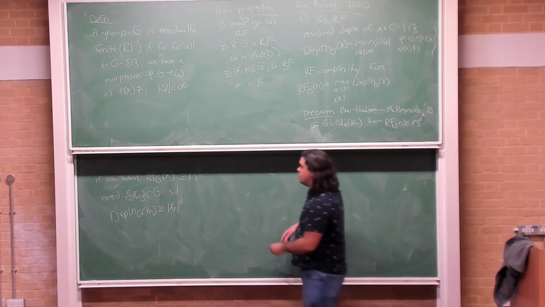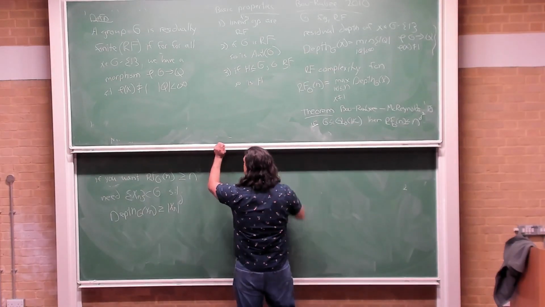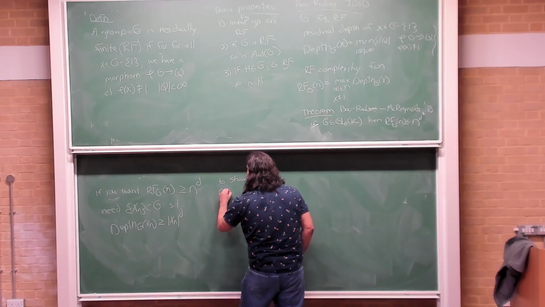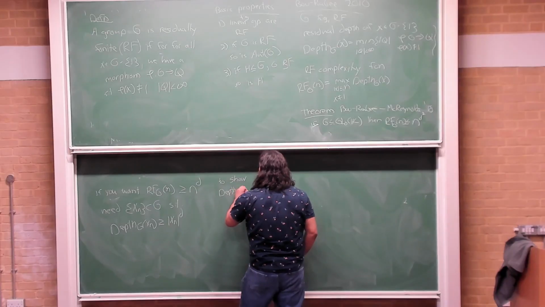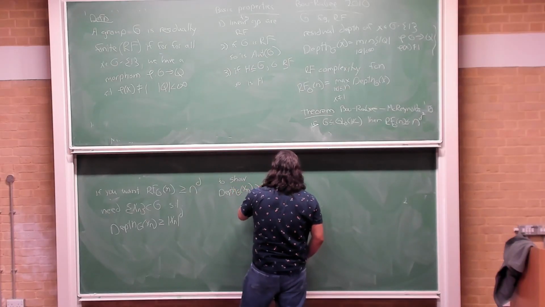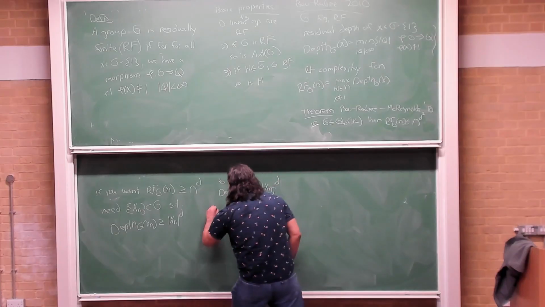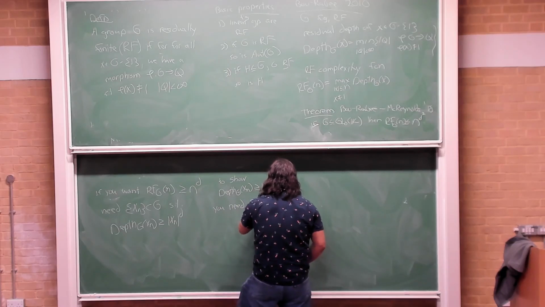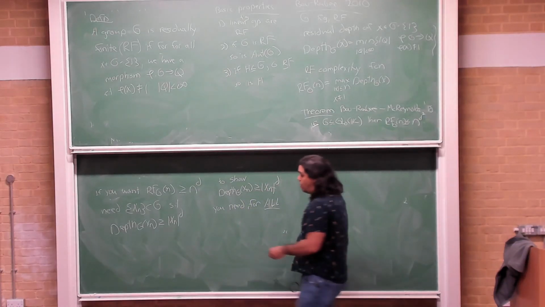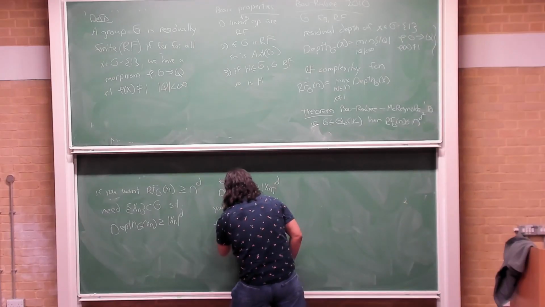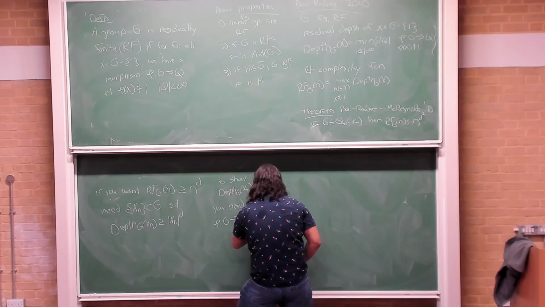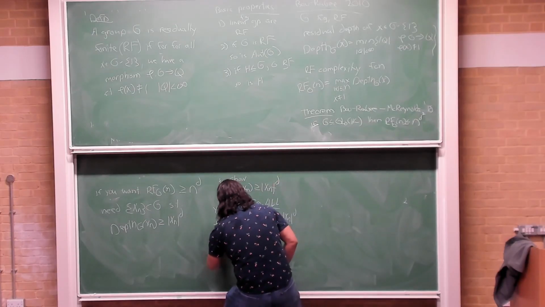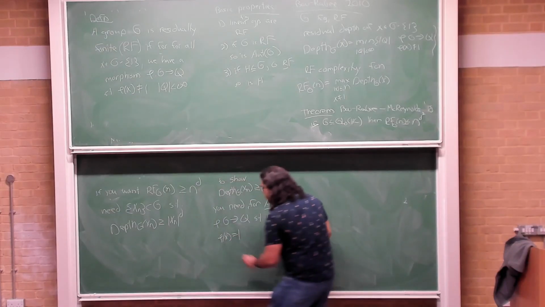But to show the depth of x_n is greater than this, you need, and that's important, for all morphisms phi from your group to finite groups Q, such that the size of Q is strictly less than the word length to the d power, when we evaluate phi on x, this is trivial.